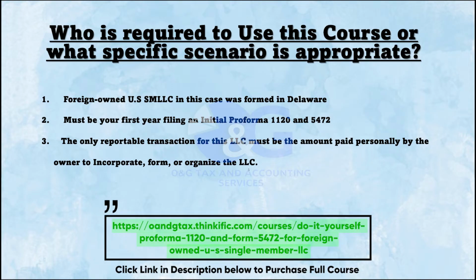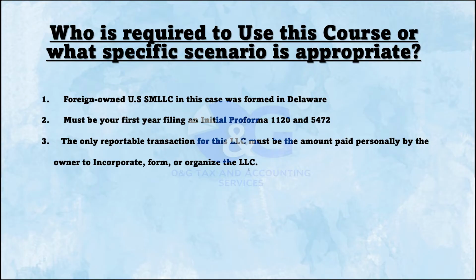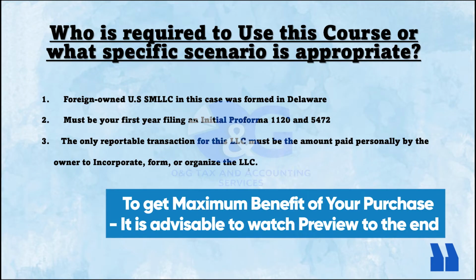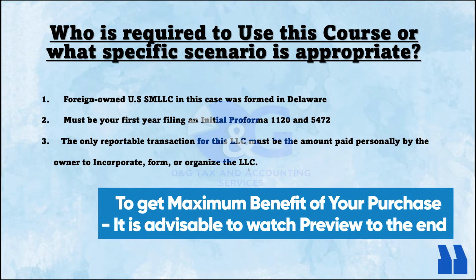So this means that this course applies to those who form LLCs in the first year and the LLC did not perform any activities. And basically the only thing that you're going to be reporting is the fees that you pay to incorporate, your registered agent fees, and other minor fees that you paid to be able to set the LLC up.